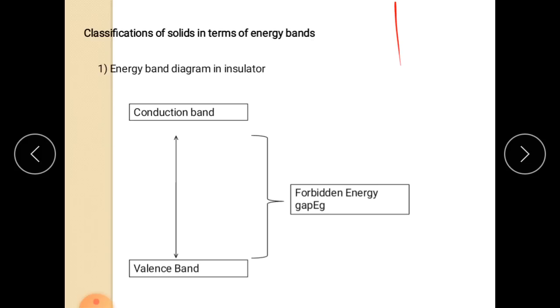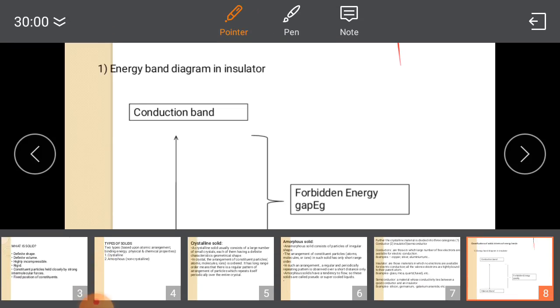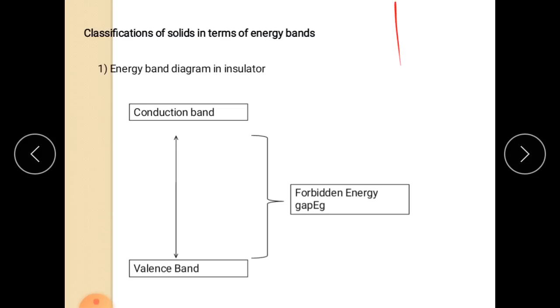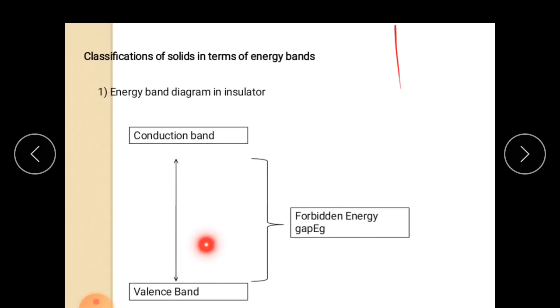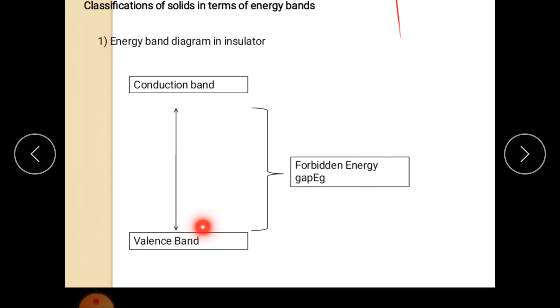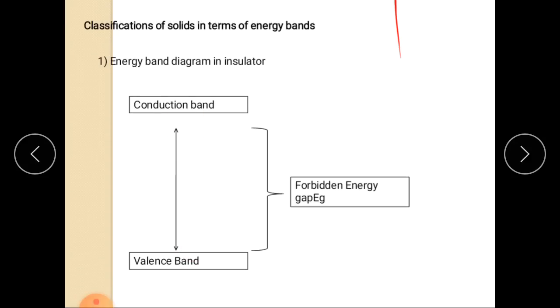Energy is required to lift an electron from the valence band, take it across the gap, and put it in the conduction band.